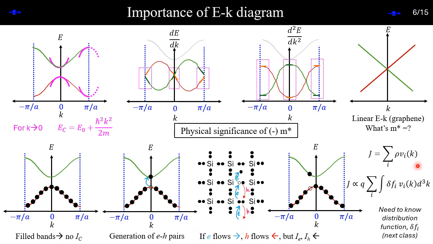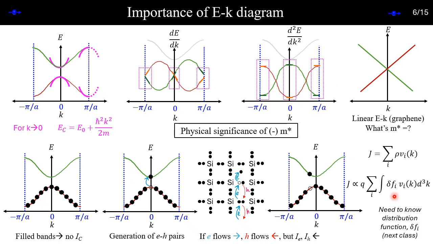This is the definition of current that you have learned: charge moving per unit time. If we have the charge distribution rho and velocity, we need to integrate. Instead of a summation form, we can have it in integral form, so this df is important. The q goes outside. This is a distribution, a cloud of electrons.